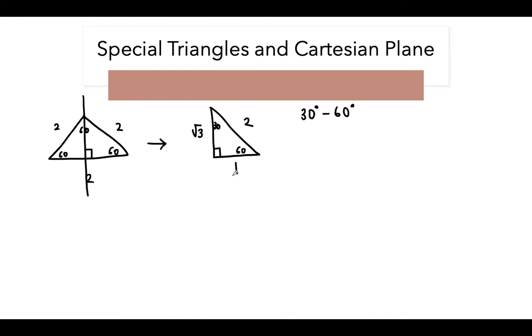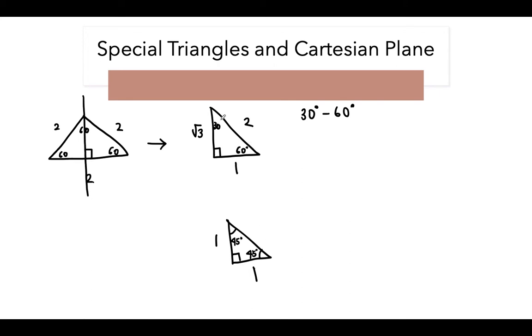Next, you are going to think of an isosceles triangle. In this case, it has a 90 degree angle, and the isosceles triangle is going to be 1 and 1. Now, if these two angles are the same, that means you're going to do 90 divided by 2, which is 45 degrees and 45 degrees.